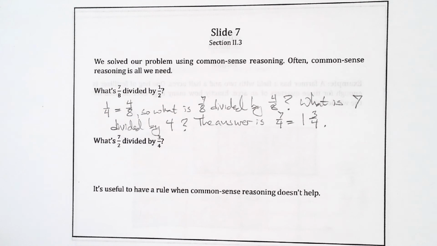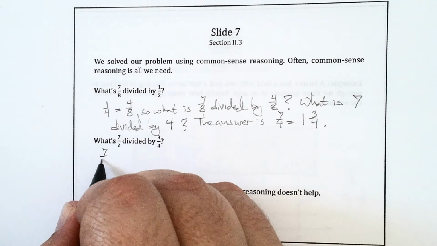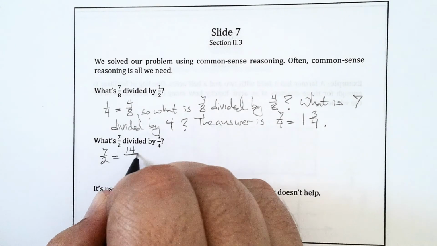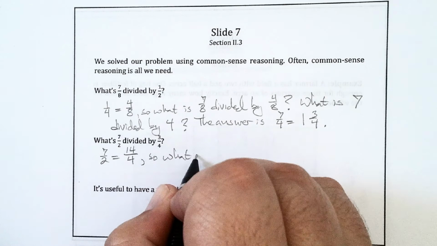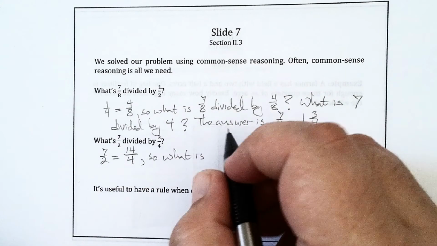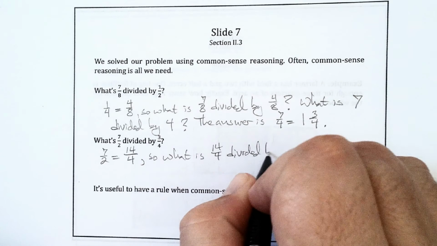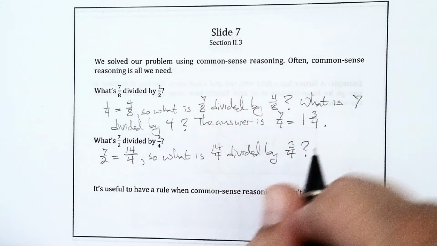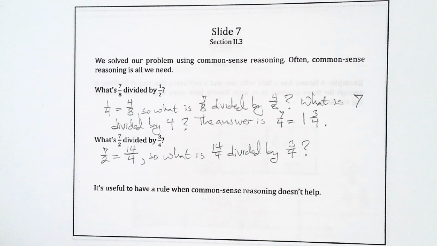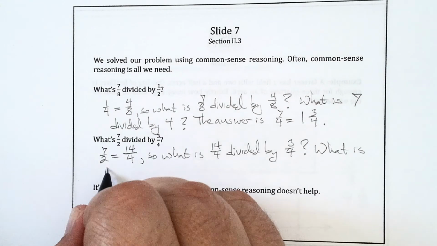Or again, what is 7 halves divided by 3/4? Well, 7 halves is, let's see, 14/4. So what is 14/4 divided by 3/4? Yeah, what is 14 anything divided by 3 anything? Well, it's whatever 14 divided by 3 is. So we're really asking, what is 14 divided by 3?